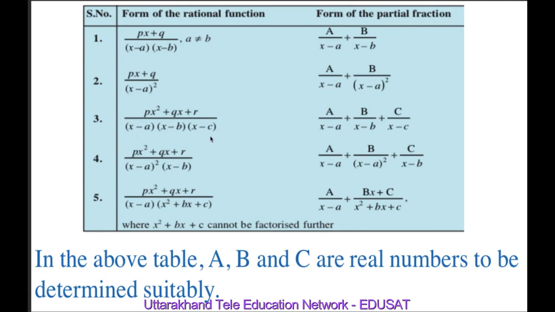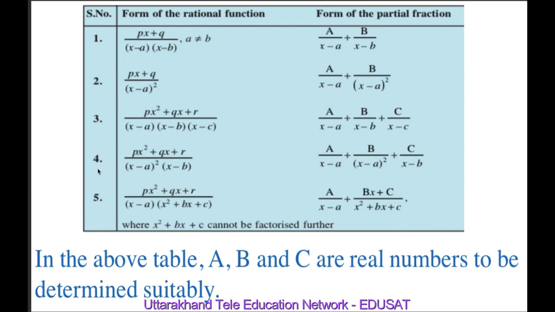This is the case of three linear factors. So here we can write in the same way A upon (x minus a) plus B upon (x minus b) plus C upon (x minus c). If we have one more factor, then we will write D upon (x minus d), and so on. So in case of linear factors, we always write A upon first linear factor plus B upon second linear factor plus C upon third linear factor, and so on.